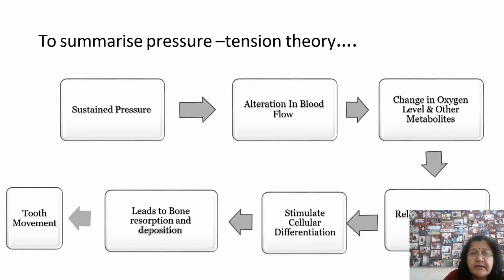So to summarize the pressure tension theory, whenever there is sustained pressure, there is alteration in blood flow, change in oxygen level, and release of certain chemicals which stimulate cellular differentiation, leading to bone resorption and deposition on the pressure and tension side, which results in tooth movement.